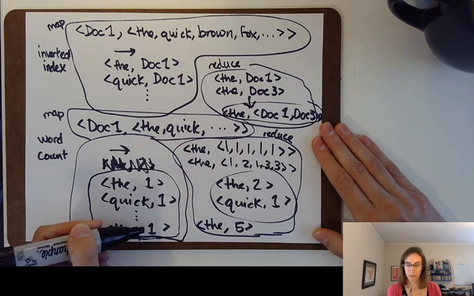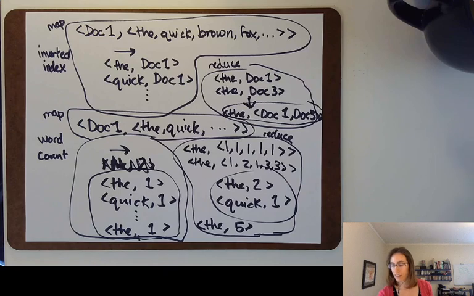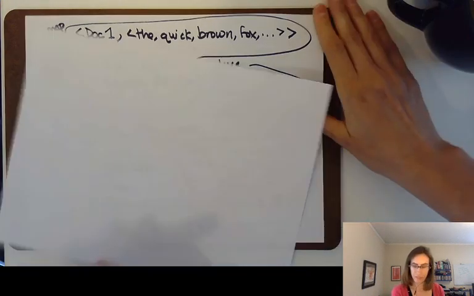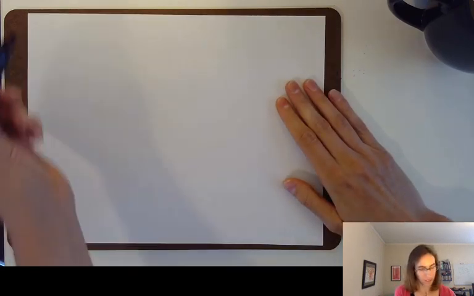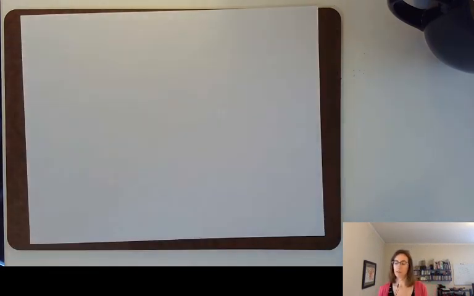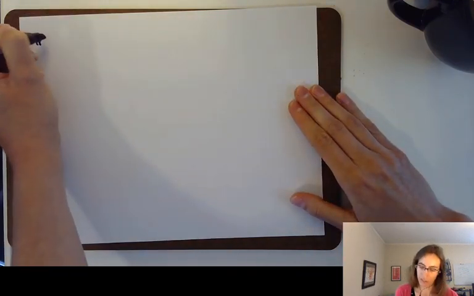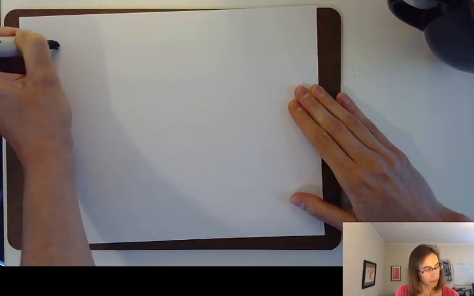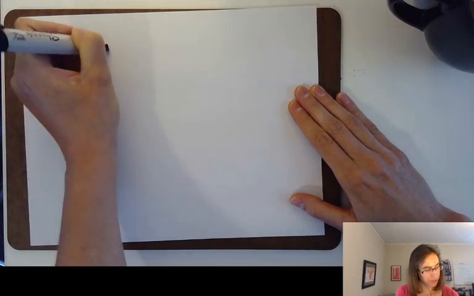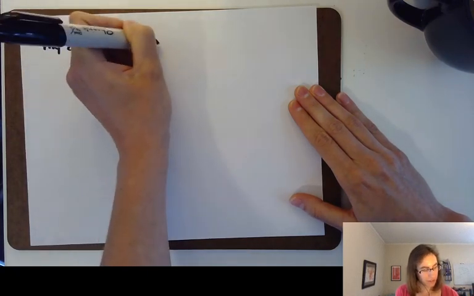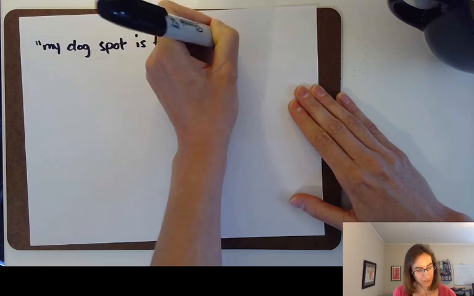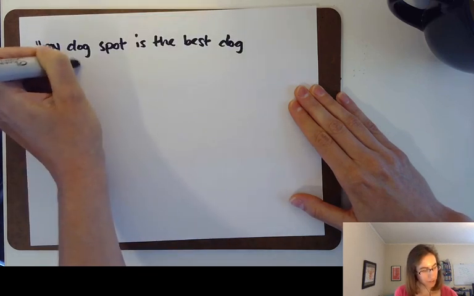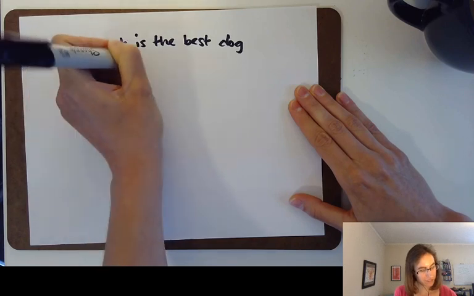So let's say that I'm a map worker and I have to count occurrences of the word dog. Maybe the document that I'm working with is: my dog Spot is the best dog and the fastest dog.